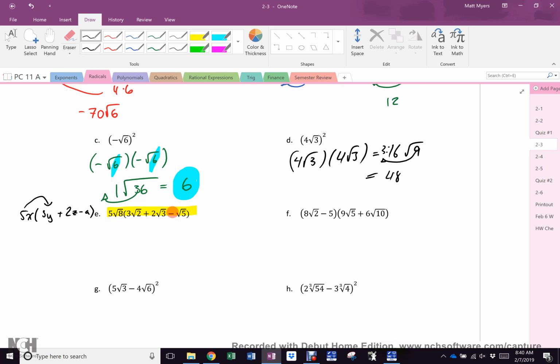Math does not wake up one morning and say, I'm really, really angry at Mr. Myers' Block A PC 11 class, so I'm going to change all my rules today. Math is not a spiteful significant other. Math does not change the rules if the sun is up as opposed to if it is not. Math does not do that to you. It always stays the same. So you never have to guess.